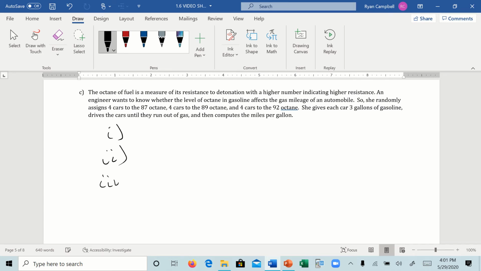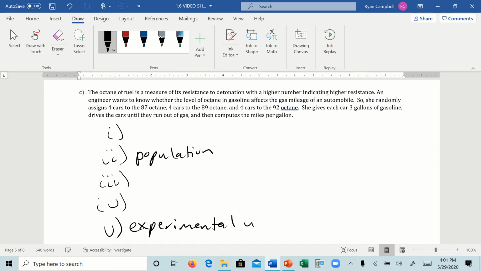All right. So, first things are easiest: population and the experimental units. So, what is the experimental units this time? We can see, right, 4 cars, 4 cars, and 4 cars.